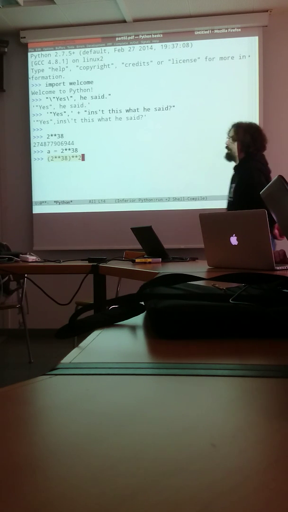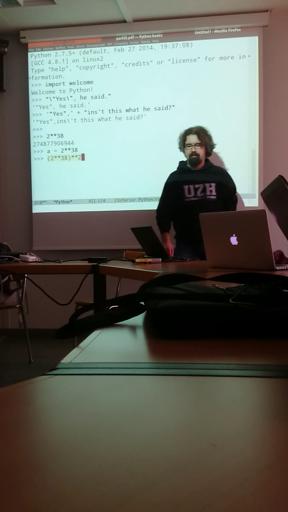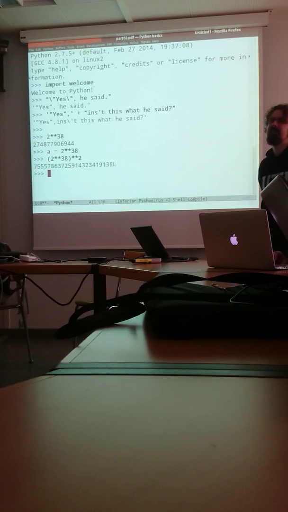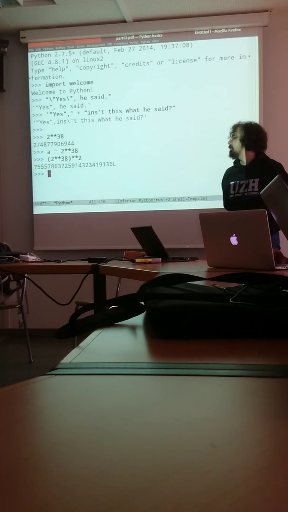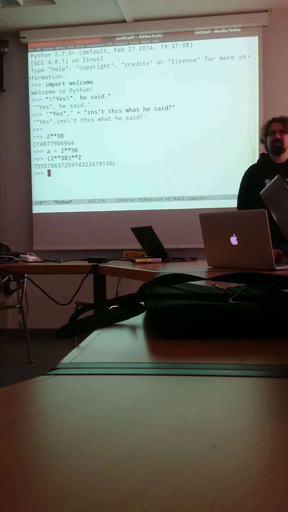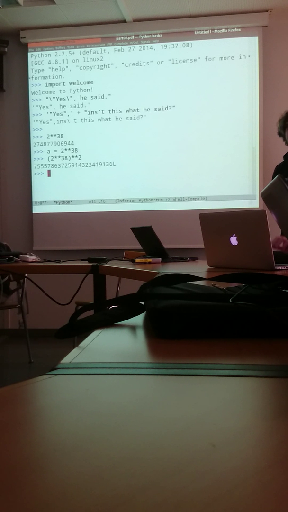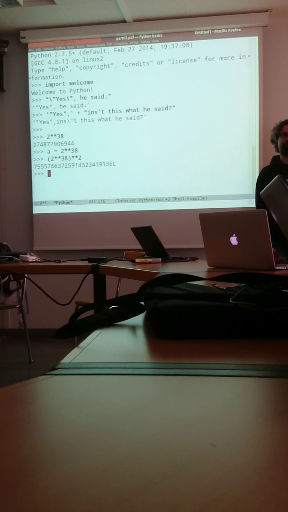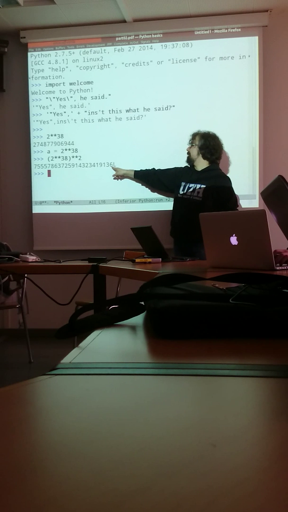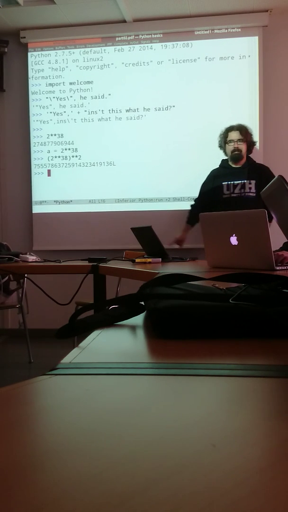And this squared needs 38 times 2, so 76 bits to be represented. And this is a 64-bit machine. So you cannot fit a 76-bit number into a 64-bit register location. So here you have an indication, the L.